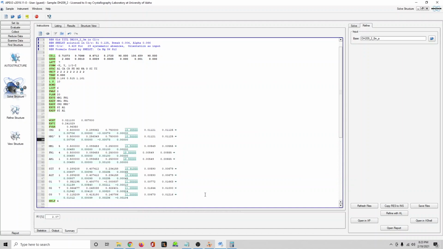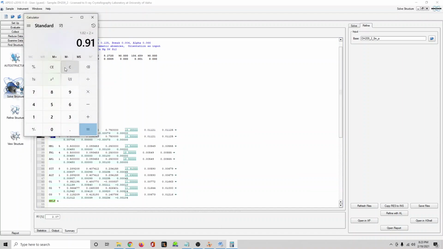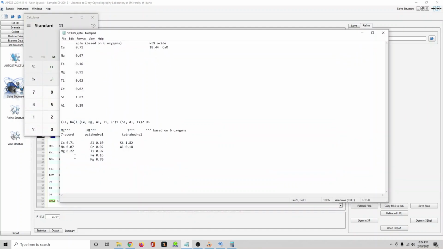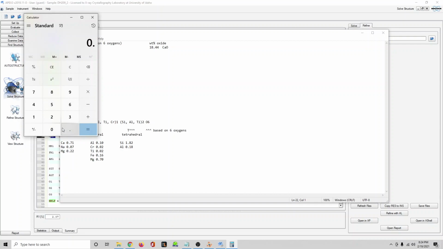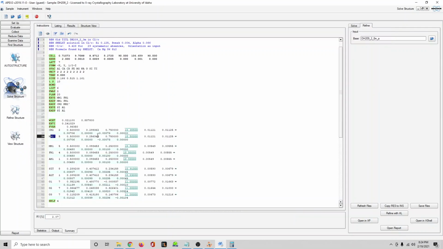So M2 prime, the total of the site needs to equal 1. So if it's magnesium, the magnesium component out of 0.5 needs to be whatever I said, 0.22, 0.22 times 0.5, 0.11. I guess I could have figured that out myself, but that's all right.